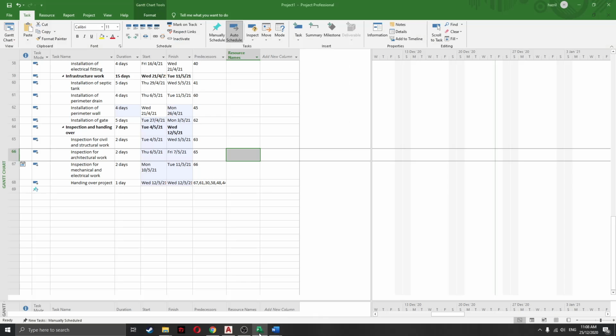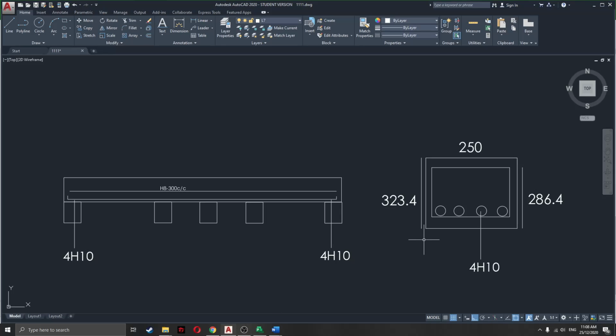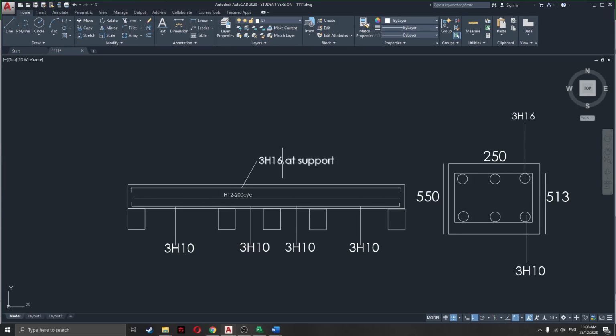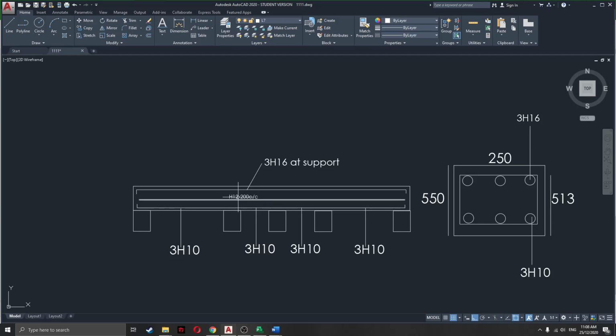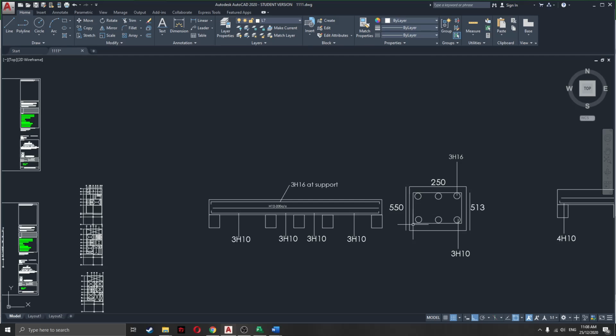Then for detailing, this 3H16 at support, and then 3H10 at the bottom, 3H12 200 center to center in this.